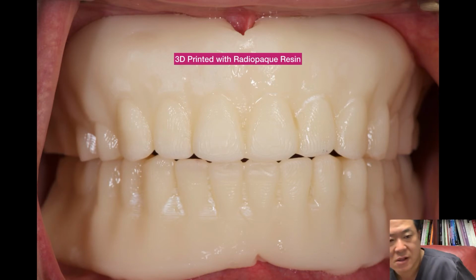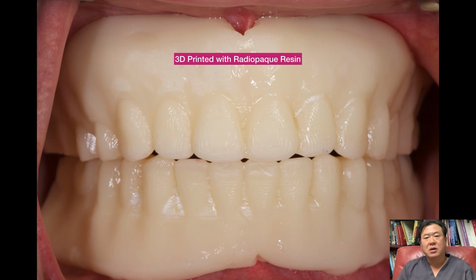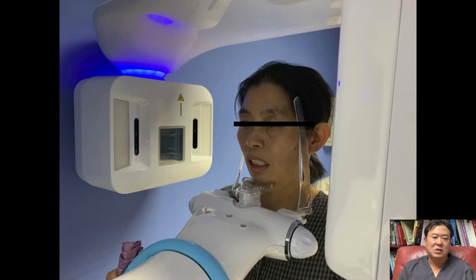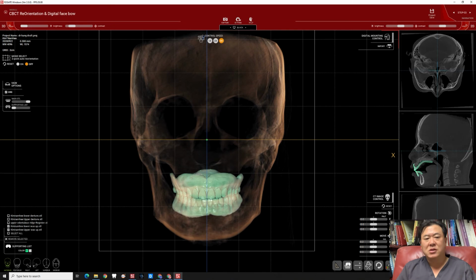The denture STL file was used to print this radiopaque denture containing barium sulfate. With these dentures in her mouth, another CBCT scan was made. Matching was done easily and precisely with the radiopaque denture, and now we have her oral mucosa information. And another diagnostic wax-up was done.